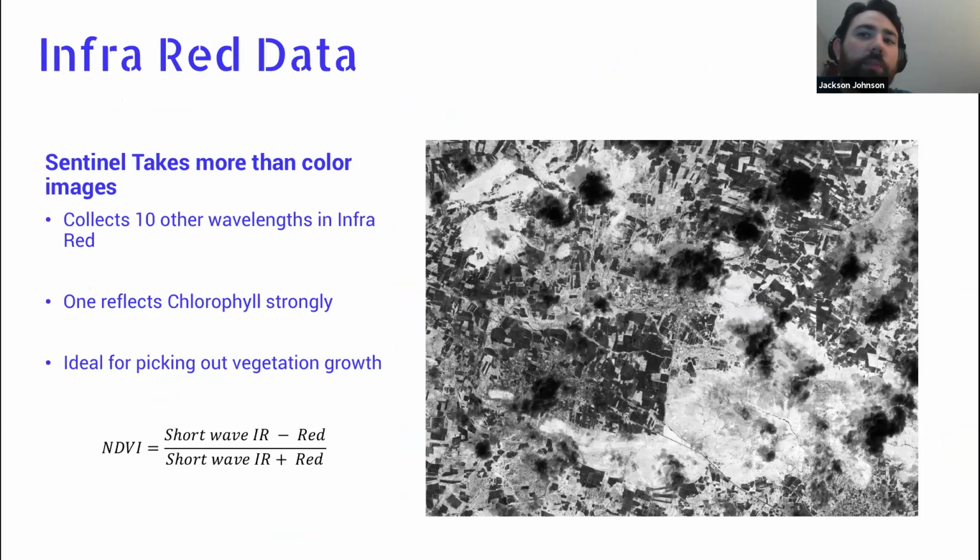That molecule absorbs red light very well, but it happens to reflect a very specific wavelength in infrared very highly. So if I look at, for a given pixel, how much of the infrared it reflected versus how much red it absorbed, I get an index, or a relative strength, for each pixel of how heavy the vegetation is. That's what this image is showing: the relative density of vegetation for each and every pixel.